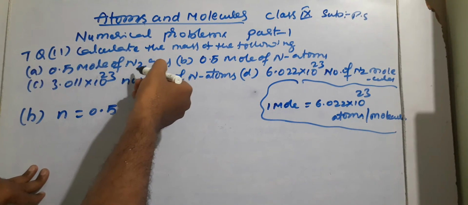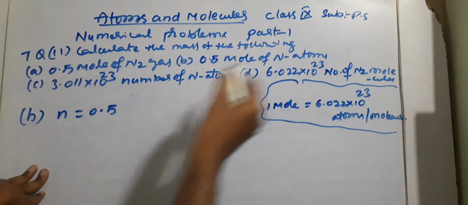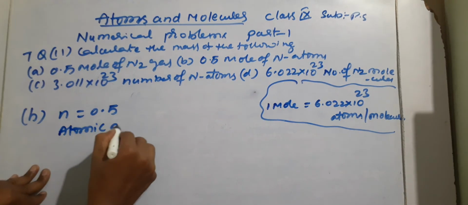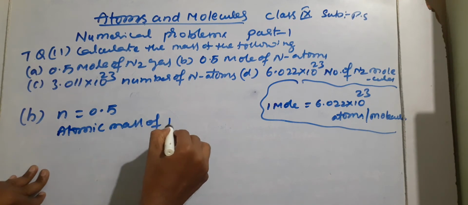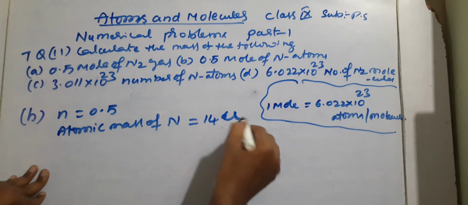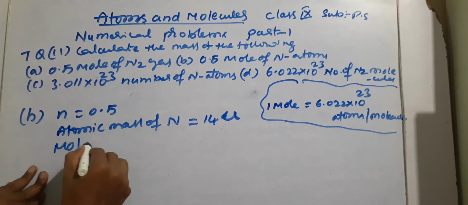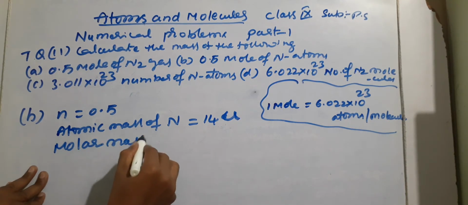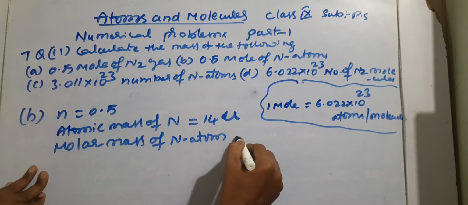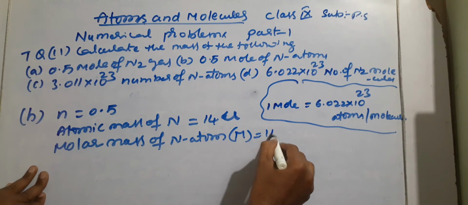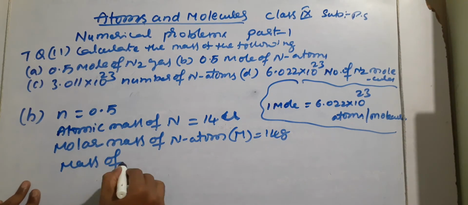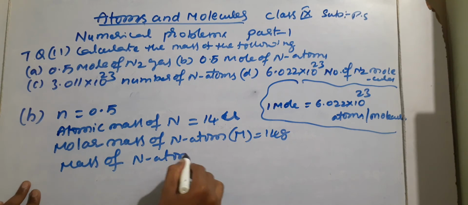In the previous case we took molecular weight, but here atomic weight. So we know that the atomic mass of nitrogen is 14 U. Then the molar mass of only the nitrogen atom, denoted by capital M, is 14 grams.